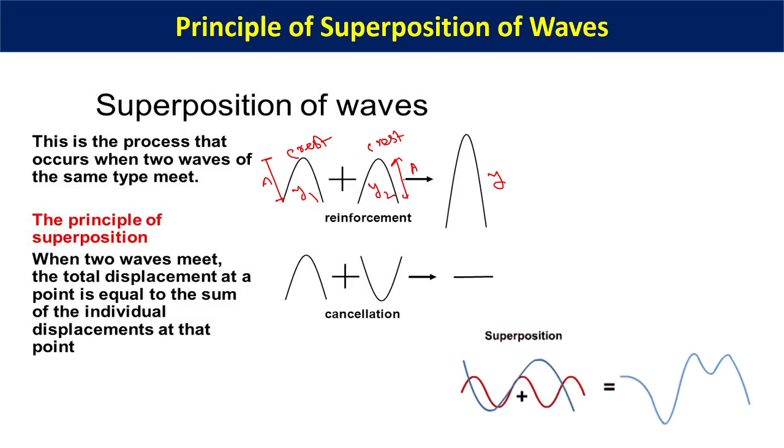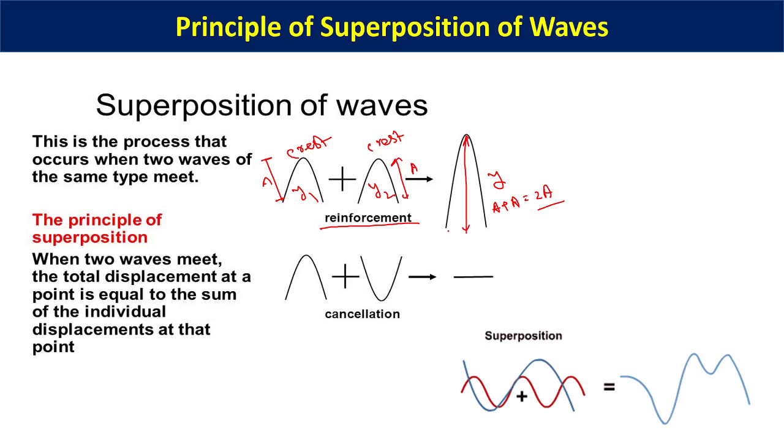Let us consider that both the distances are a only. In that case, total height here will be a plus a, that will be equal to twice a. So since the total amplitude has increased, this kind of superposition is known as reinforcement, or they are said to reinforce. The superposition is said to reinforce the ultimate wave.